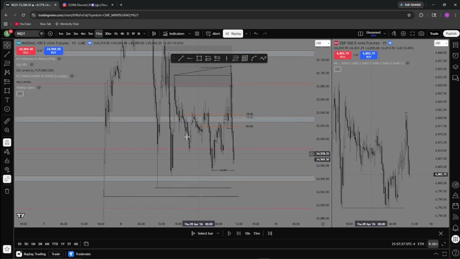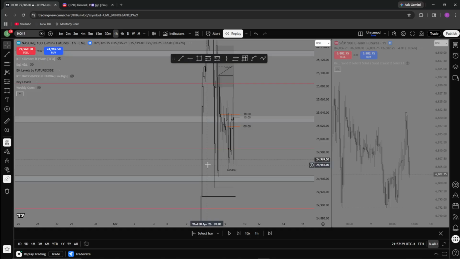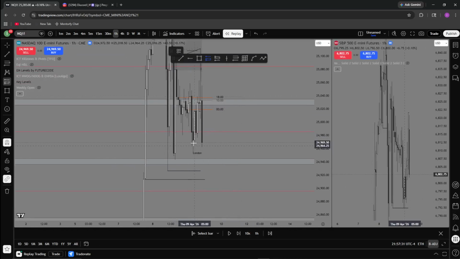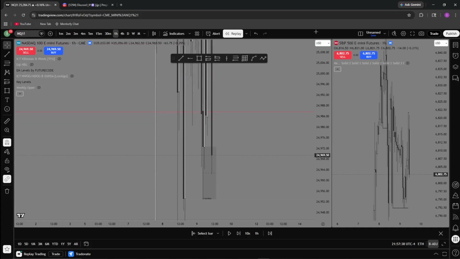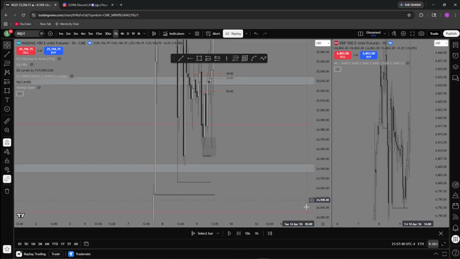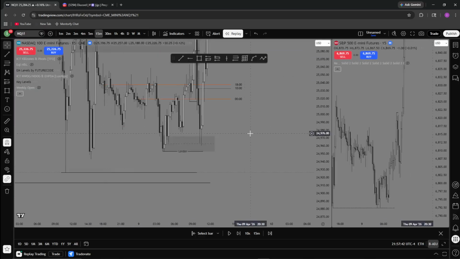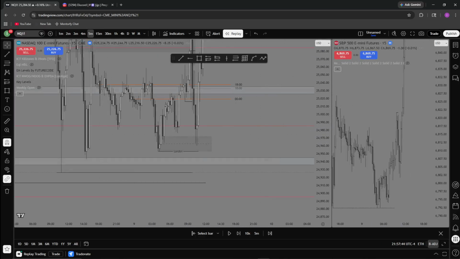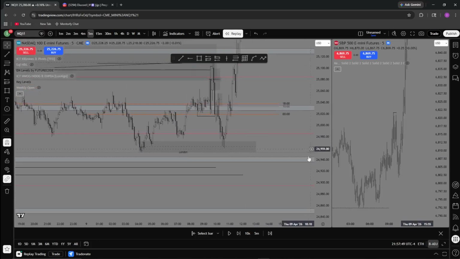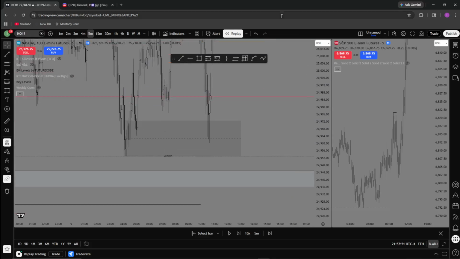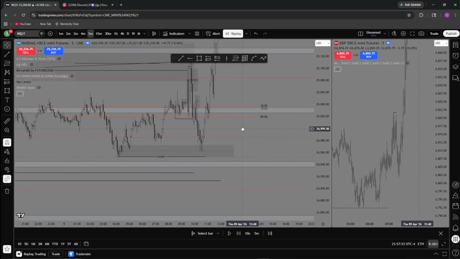But there was this RB here, which I just realized, and that's what sent us higher. Huh, I didn't see that before. Interesting. But yeah, that ended up sending us higher.